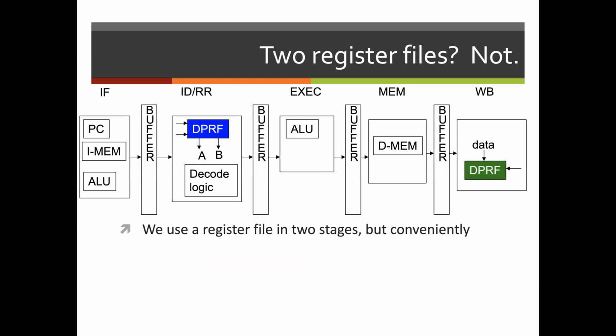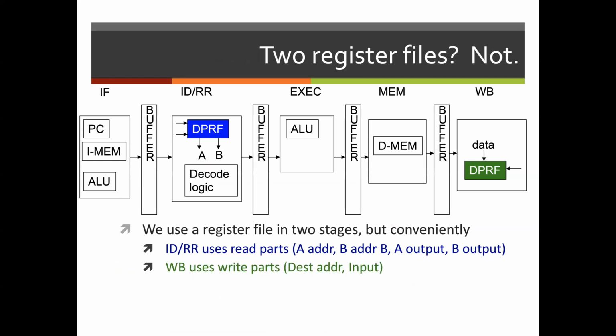So we make use of the register file in 2 stages. And so with IDRR, we can use it to read parts such as the A address, the B address, and the A output and the B output. So for the write back, we can use it to write parts, the destination address and the input.